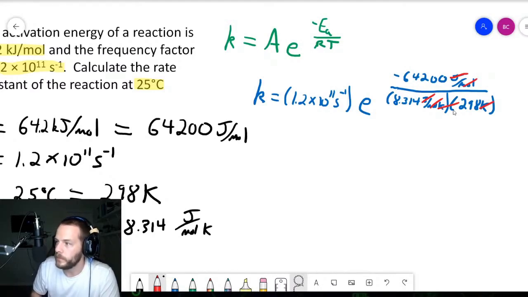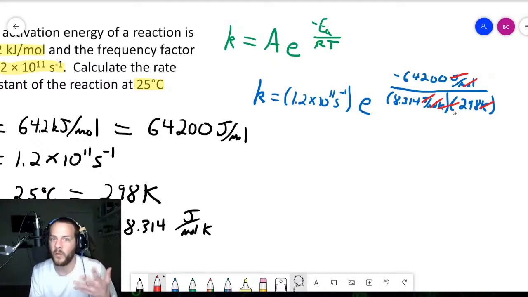Now, there's another thing I wanted to suggest when it comes to problems like these. This problem requires using scientific notation, and it also requires using the exponential e to the whatever, right? If you're ever going to be tested on a problem like this, make sure that test day is not the first time that you're going to be using your scientific calculator. Scientific calculators are kind of all over the place in terms of how they work, and what buttons you're supposed to press before other buttons.